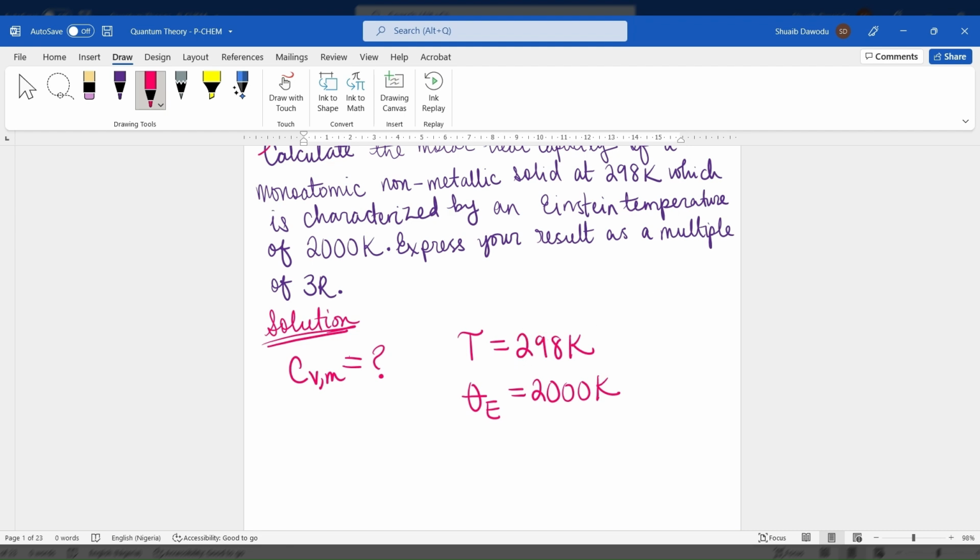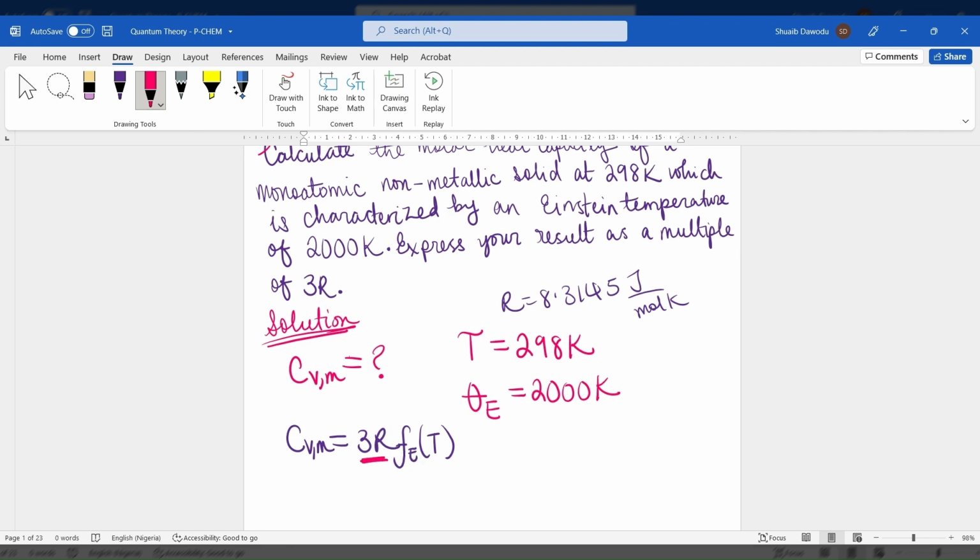Now you're going to be wondering, how do I solve this question? It's actually very straightforward because there is a formula in the textbook. When you're given the temperature and Einstein temperature, the molar heat capacity is simply C_V,m equals 3R, R being the gas constant, 8.3145 joule per mole Kelvin, times f sub E of T. Remember they said to express your result as a multiple of 3R, so we're not going to multiply out 3R here.